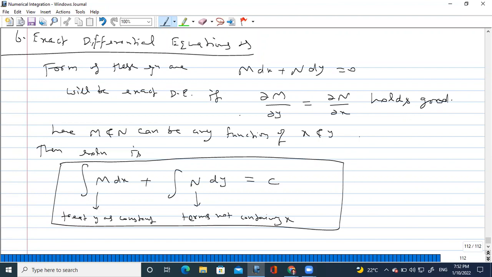For such a case, we take the solution integral m dx plus integral n dy equal to c, where in m you treat y as constant when integrating, and take n such that the x term should not be there. That's it. Note it down. Done, sir.